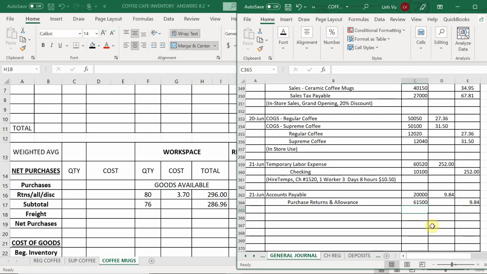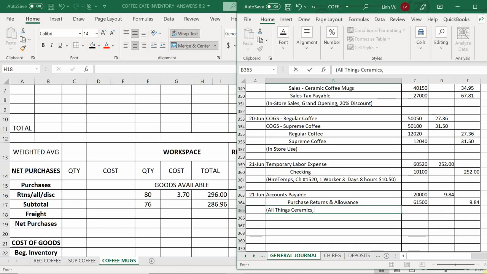Right, we have to write the description: we return 4 cups. Yes, that's correct. Okay. We're going to go ahead and write in here that we're making a refund from All Things Ceramics.